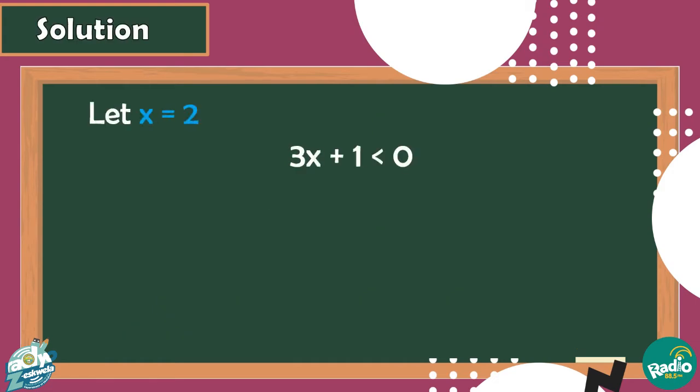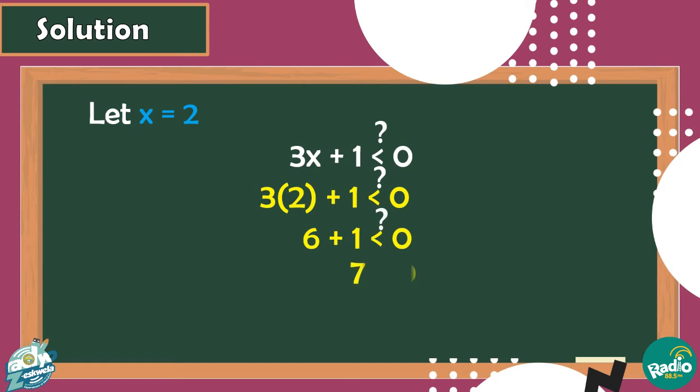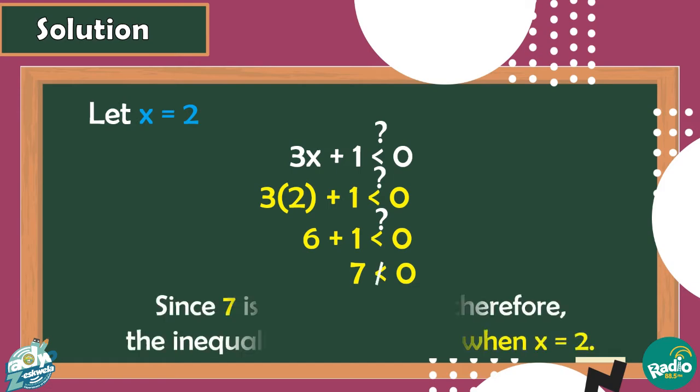And when x = 2, using our given inequality, the inequality becomes 3 times 2 + 1 < 0. We got 6 + 1 < 0. And by simplifying, we got 7 < 0.